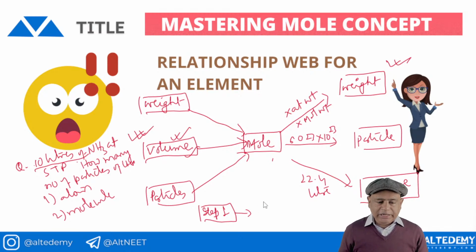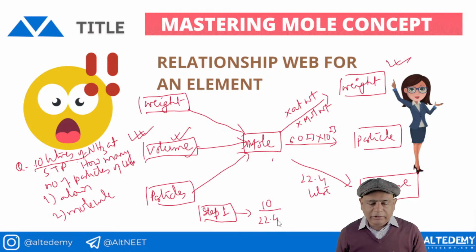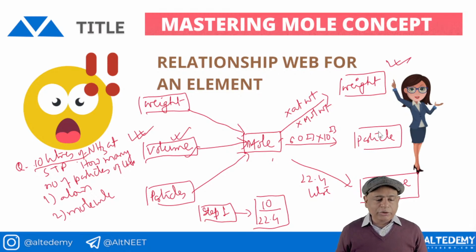Take the volume, that is 10 liters, divided by how much? 22.4. Don't calculate it right now. We have got a result from this. Now from mole, where do you have to go? You have to find out number of particles. And since it is a compound, directly these particles will be molecules here.